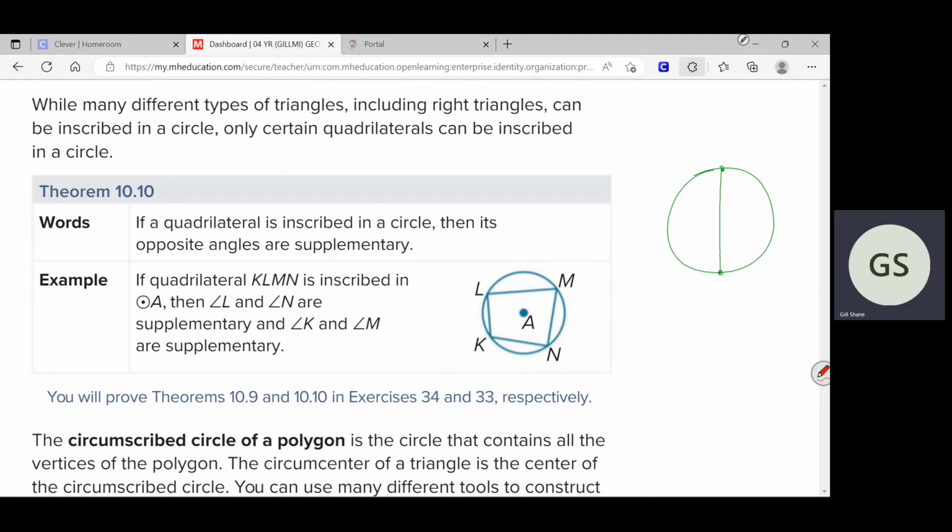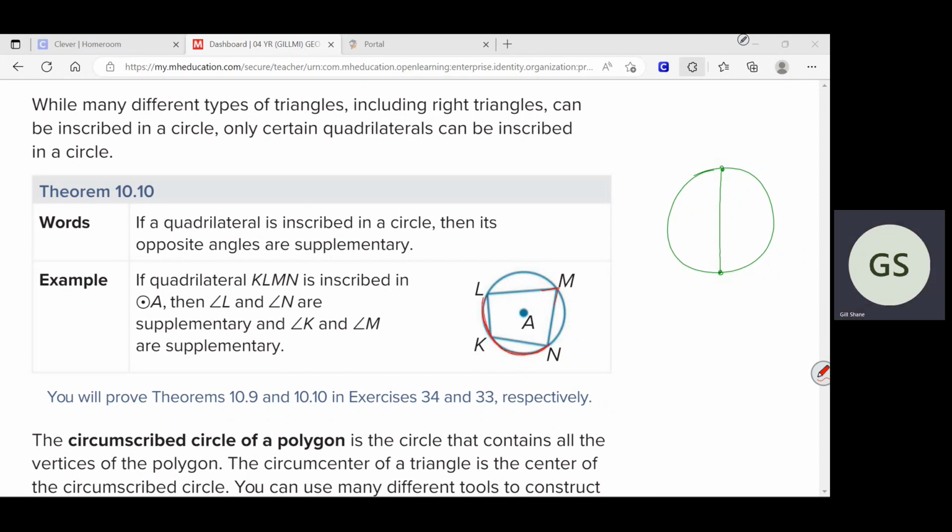So angle M would be from here. What are the endpoints of those two segments? Keep those red lines going out. What do you hit? L and N, right? So the arc associated with angle M is L to N. That's the arc.